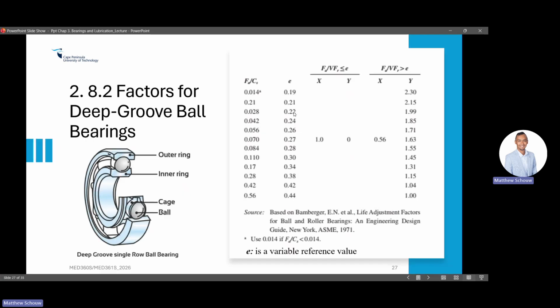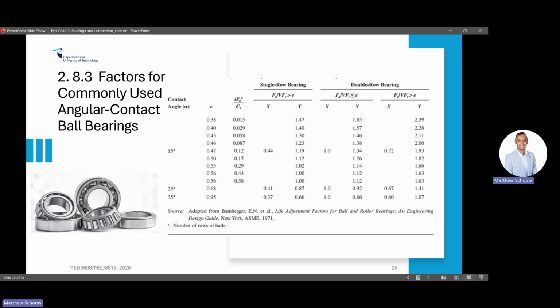So we need to find this and determine which of these factors. And again, these factors depend on the element sizes, things like that. When we look at your angular contact bearings, which look like that, we apply a similar type of thing.